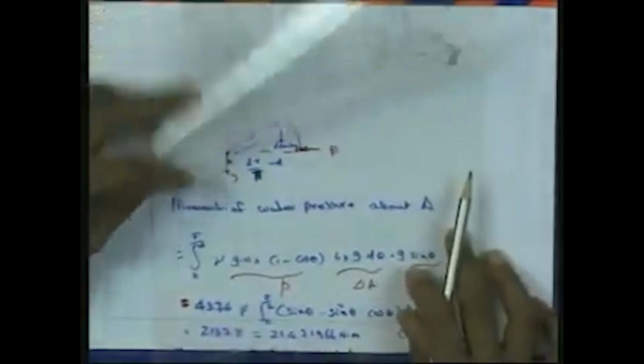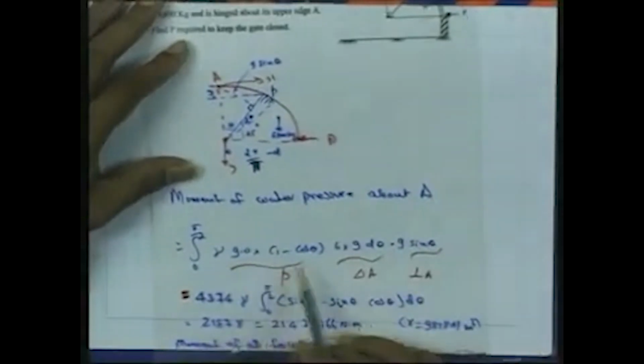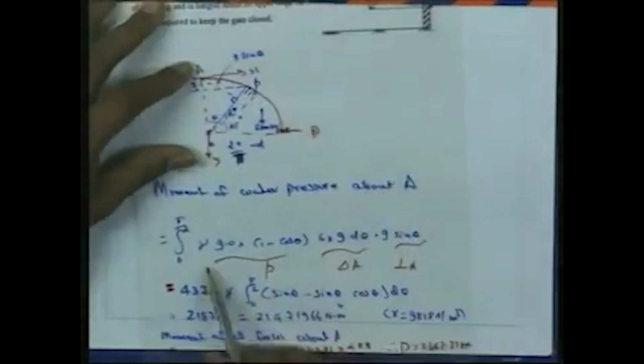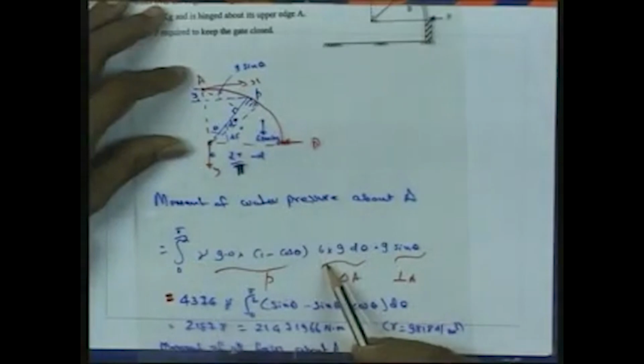So the moment of water pressure about A is the integral 0 to pi/2 of gamma, the specific weight, multiplied by the radius of the gate 9 into 1 minus cos theta. We are considering this as angle theta. That will be the pressure intensity acting upon this gate, multiplied by the area delta A, since we are integrating. So delta A will be 6 into 9 into d theta.